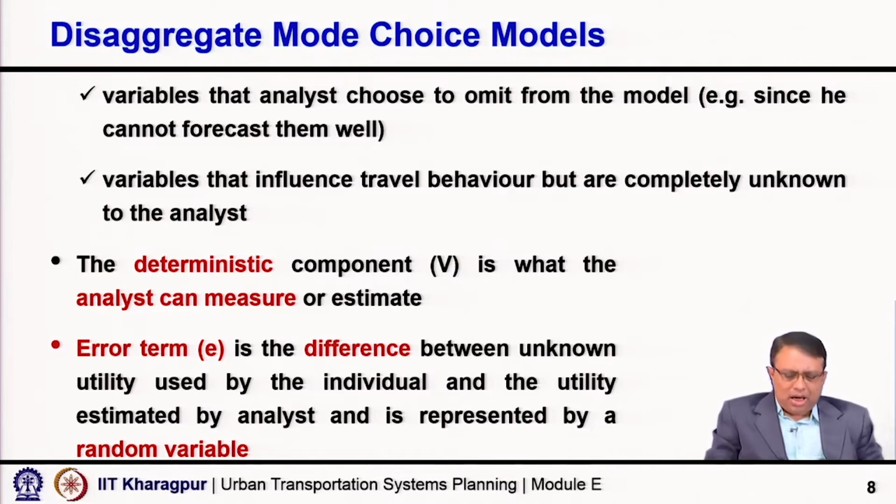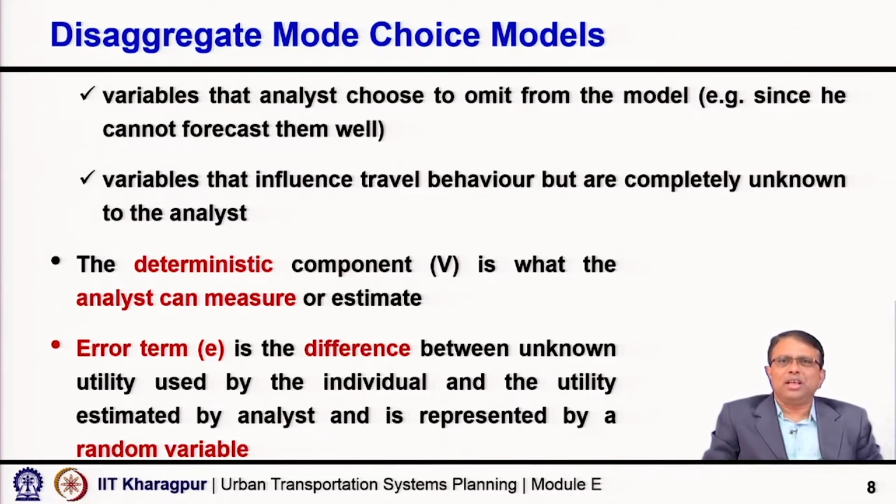So, the third component, as I said, is actually the deterministic component of the utility, which we take and which may not include all such components. So, the error term is the difference between the unknown utility used by the individual and the utility estimated by the analyst, and is represented by a random variable.